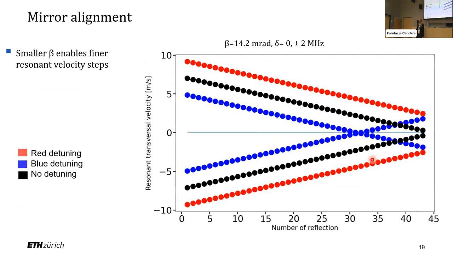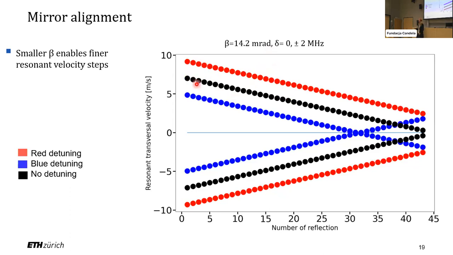Good, so this is a small estimation of how this laser cooling process would work. What we try to calculate now is the resonant transversal velocity of our atoms with respect to the laser beam at a certain number of reflections. In the beginning, for a certain geometry, we are resonant with the largest transversal velocity.